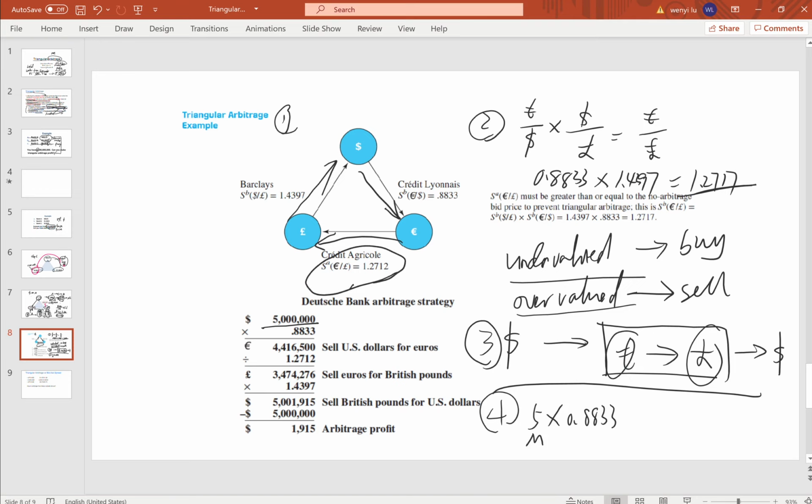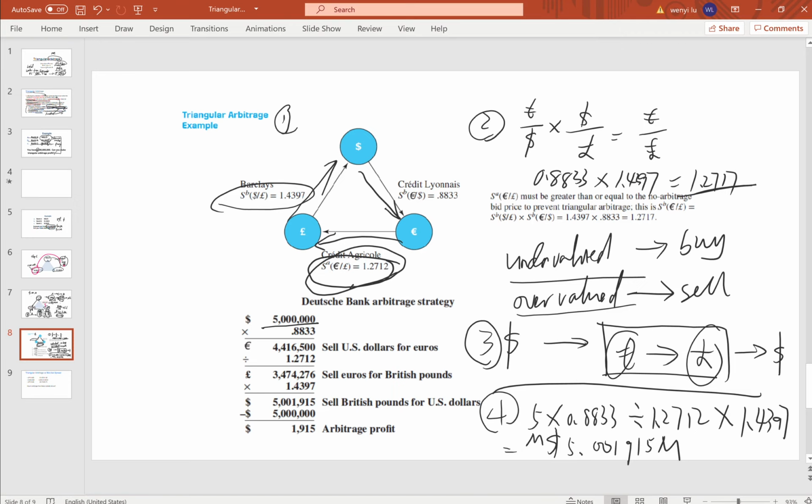So you will divide by what? 1.2712. Finally, you will sell your pound to get dollars. So times what? 1.4397. And after you solve that, you can get $5.001915 million.